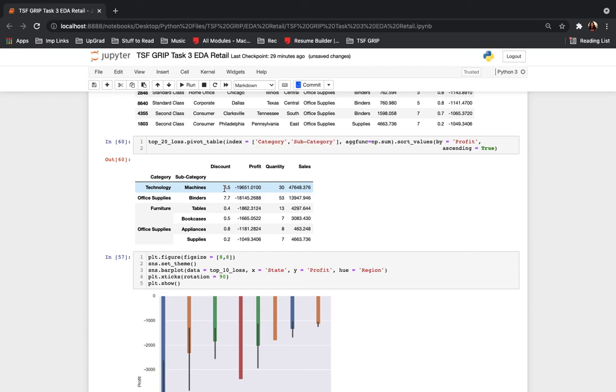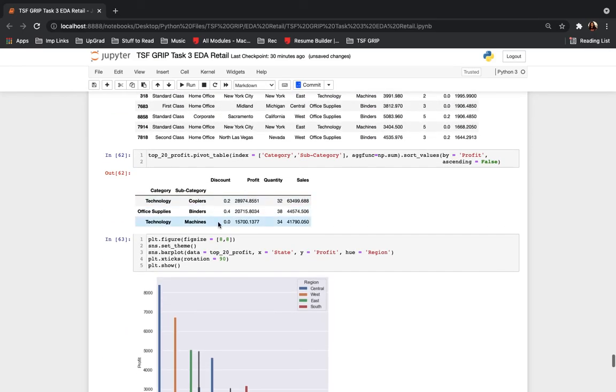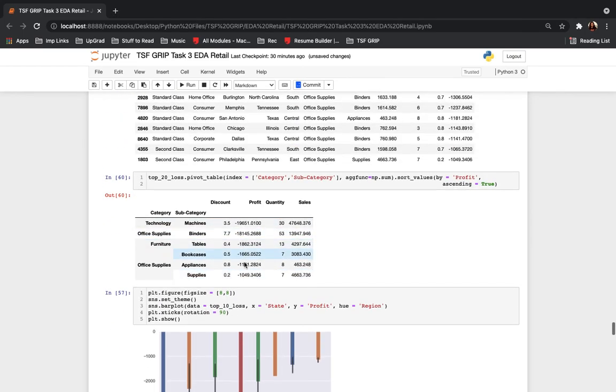This is a 300% discount which has been given, and over here there's no discount. So when the technology machines are not discounted, we are making a fairly larger profit with around the same quantity. So it's fair to compare these two because the quantities are quite similar, and the discount here is very high, and it shows us that we are incurring a lot of loss on these sales.